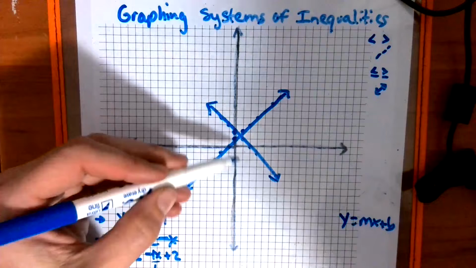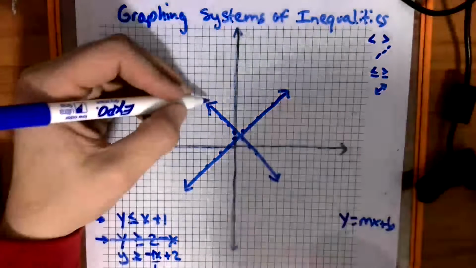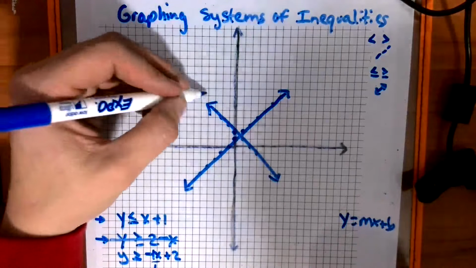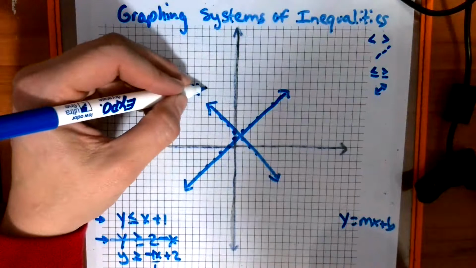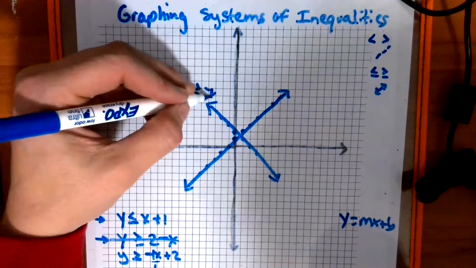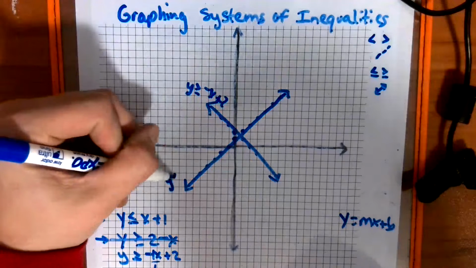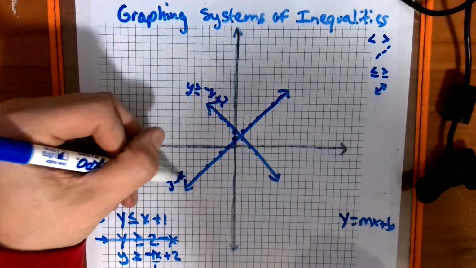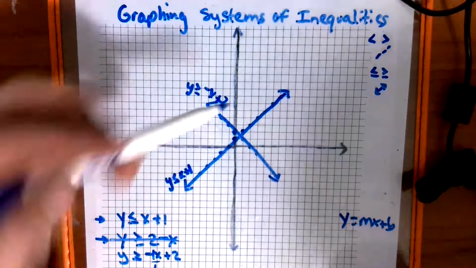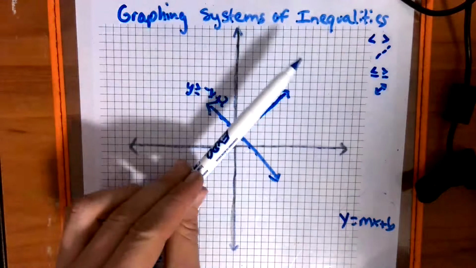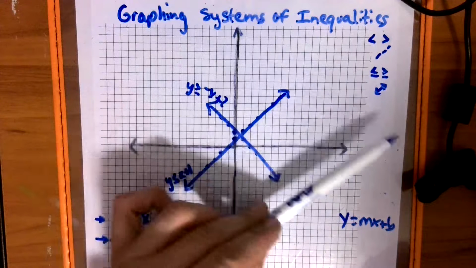But it's not at a solid piece. So we have to check. This one right here is y is greater than or equal to negative x plus 2. And this one was y is less than or equal to x plus 1. And now let's check. If we put the 0, 0 in for this line that we're looking at, if 0, 0 works, we shade this.